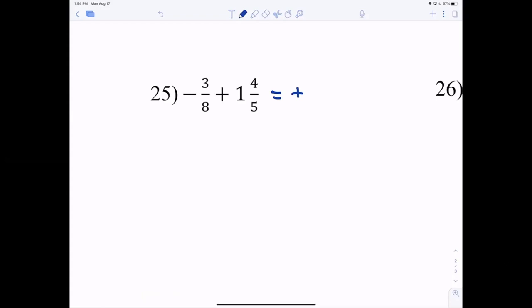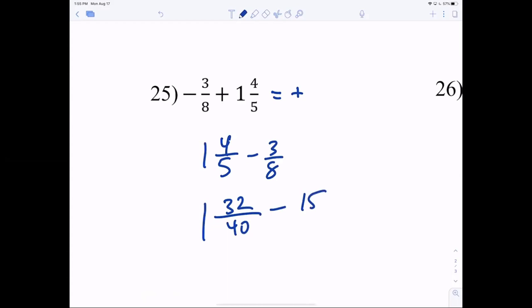All right, now that we're subtracting, it's just 1 4/5 minus 3/8. So what's the common denominator? 40. So the first one is going to be how many 40s? 32/40 minus, and the second one is 15/40.